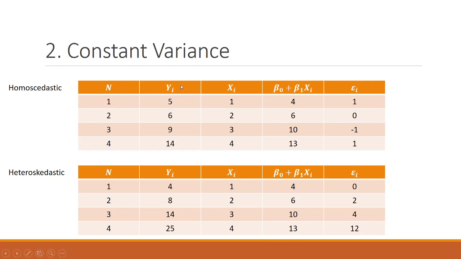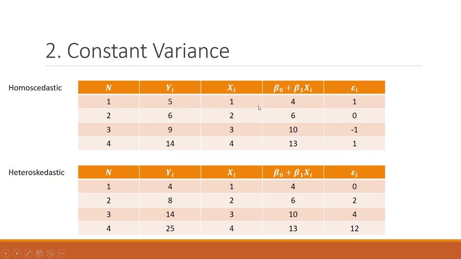In the top table, my y value is 5, 6, 9, 14, which implies that my error term is 1 for the first person, 0 for the second person, -1 for the third person, and 1 for the fourth person. Now this looks like homoskedasticity. All the values are pretty similar. It's entirely reasonable to look at this and think that the variance is constant between these 4 individuals.